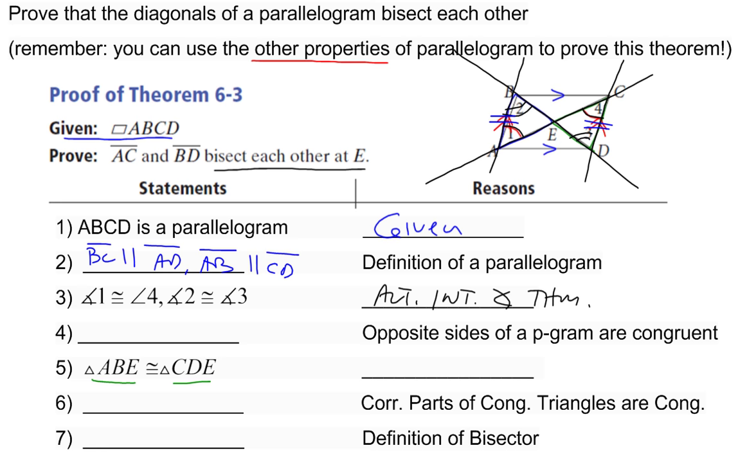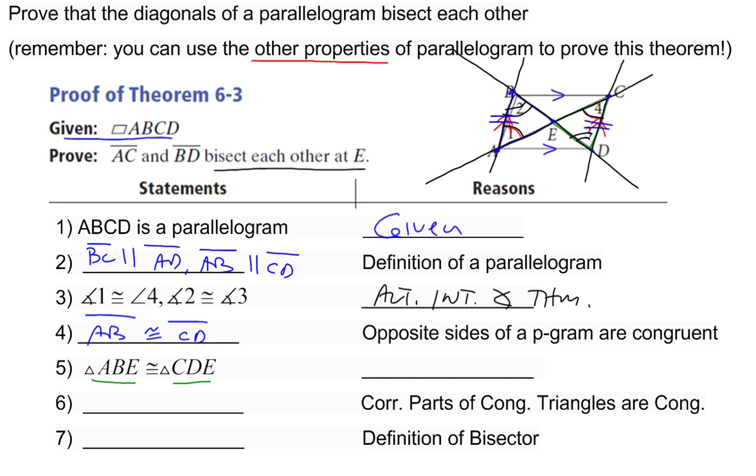And that helps me because then these two triangles, triangle ABE and triangle CDE, will be congruent because of angle, side, angle. Two angles and the included side. So my fourth statement is going to be line segment AB is congruent to line segment CD. Why is that? Because opposite sides of a parallelogram are congruent.